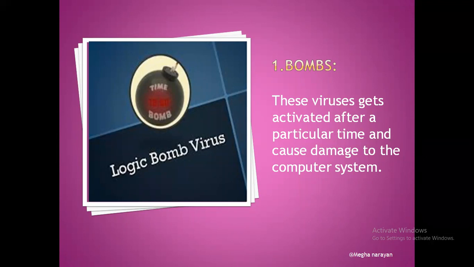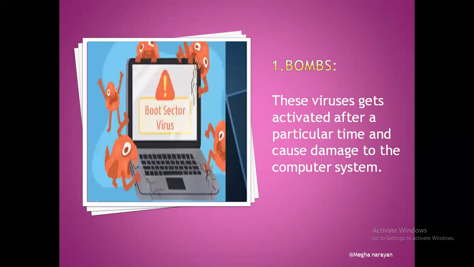Once that timer is over, the bomb gets activated and can cause serious damage to the places nearby. Same happens here. A bomb is also a type of virus which only gets activated after that particular time is triggered, and it may cause damage to your computer system.